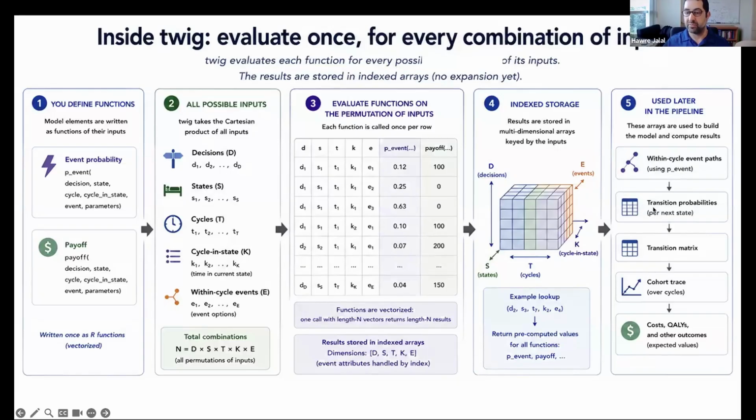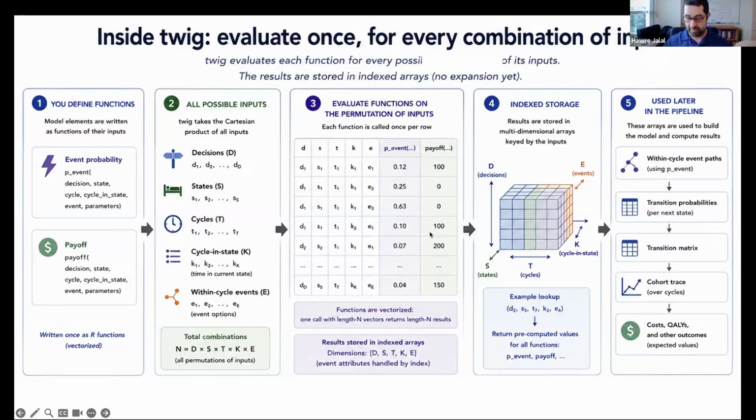Once they've been aggregated, transition probabilities are computed per state and cycle, and this is changed to a transition matrix. This transition matrix then produces a cohort trace for the model, and then costs and qualities are calculated. This is the background that makes the computation very efficient because there's no reevaluation of the functions. The functions are only stored in very compact arrays, and those arrays are broadcast later to additional dimensions as needed.